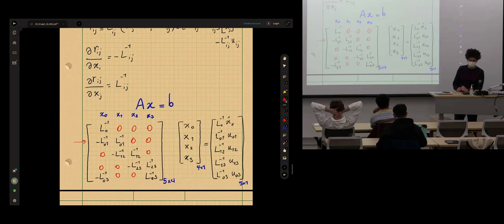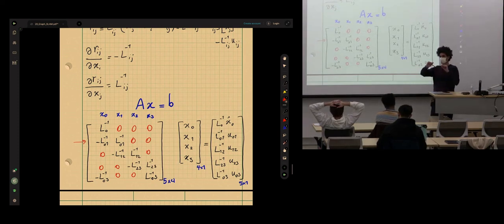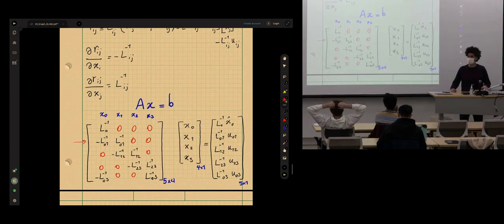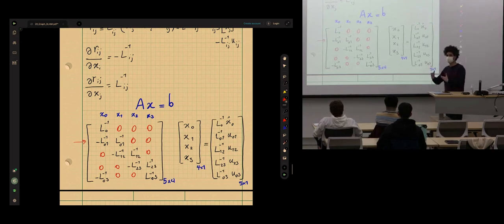This is a factor that connects x1 to x0. Any other variable that is not in the factor will get 0 because the derivative is 0 with respect to those variables. If you have many more variables, these zeros will be very long. So this matrix will always be sparse because the graph is not fully connected. And it's never fully connected because there are just so many variables, not everything is connected with everything across time.